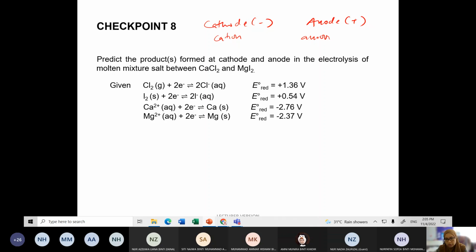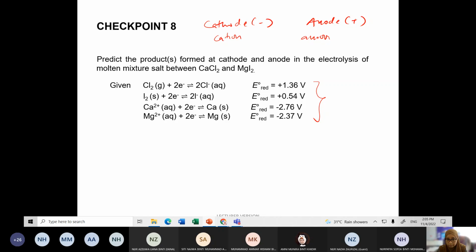So how are we going to choose or select which ion will be discharged? We are going to base it on the E0 reduction values. We have learned that the cathode will discharge the species with the more positive value of E0 reduction.